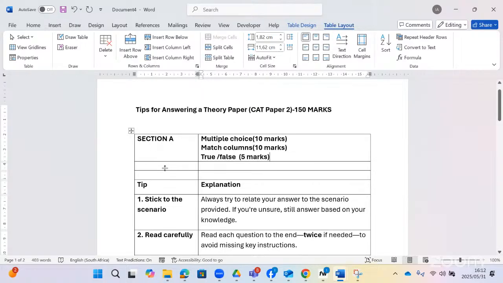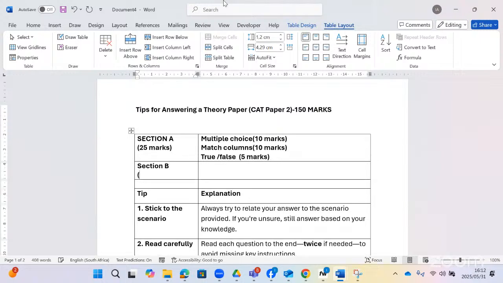And then for section B, so section A, mostly the total will be 25 marks. And then section B, total is also 75 marks.